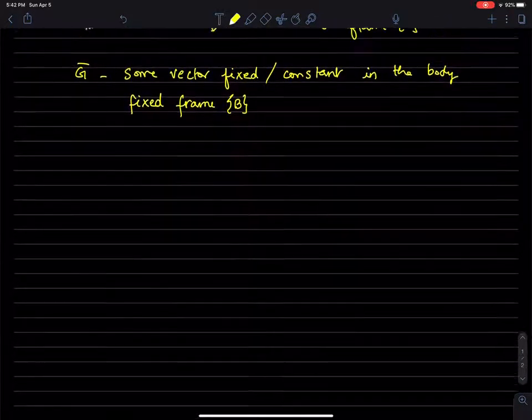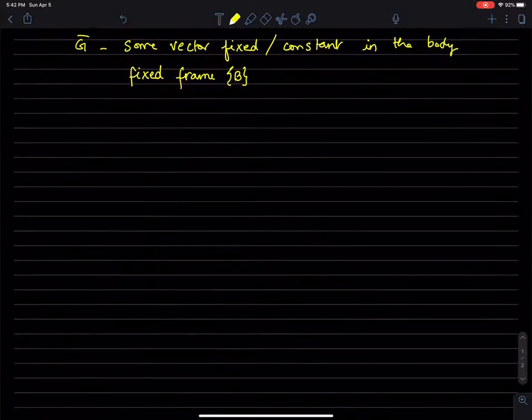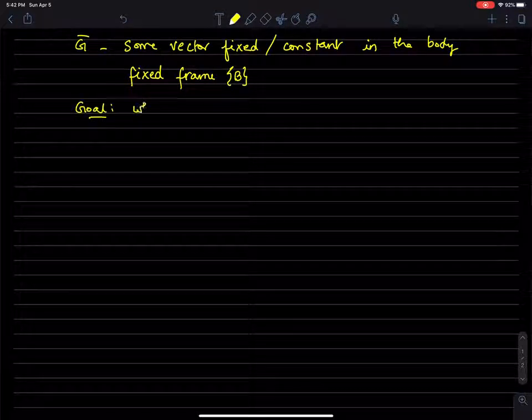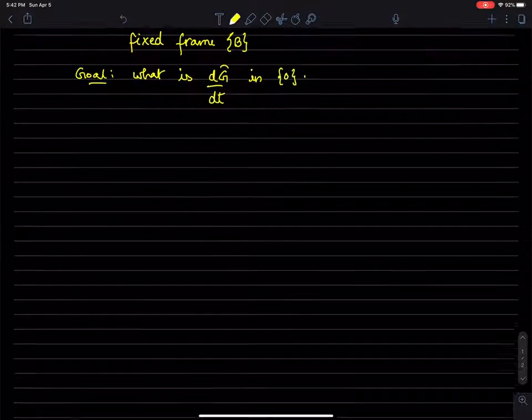Now let's draw a picture. Well, what's the goal? What is dG by dt in frame O?